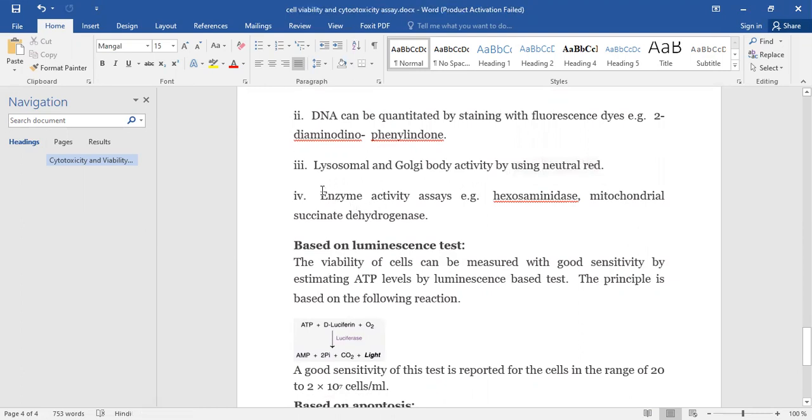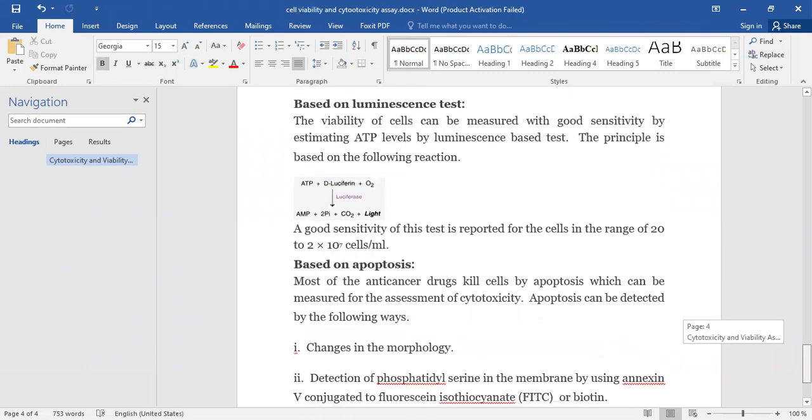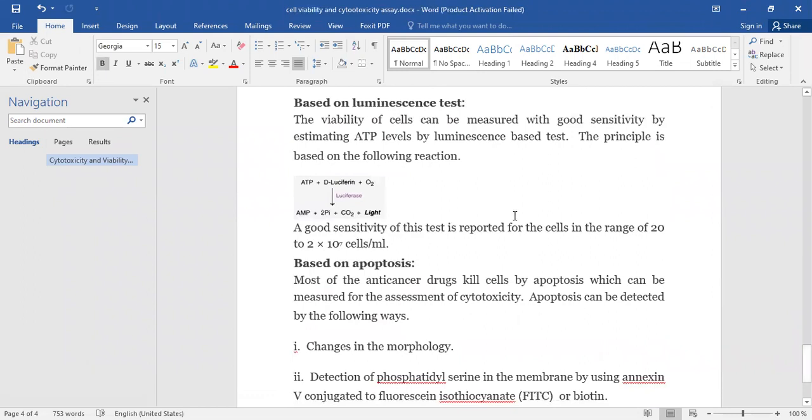Enzymatic activity can be analyzed by hexosaminidase and mitochondrial succinate dehydrogenase. And the next is the luminescent test, which is used for the viability of cells on the basis of the ATP level.